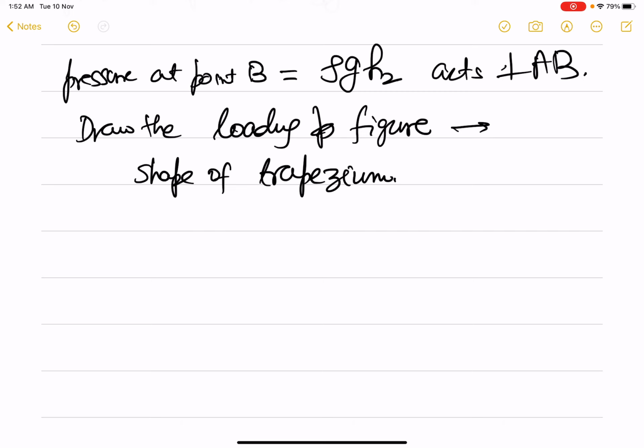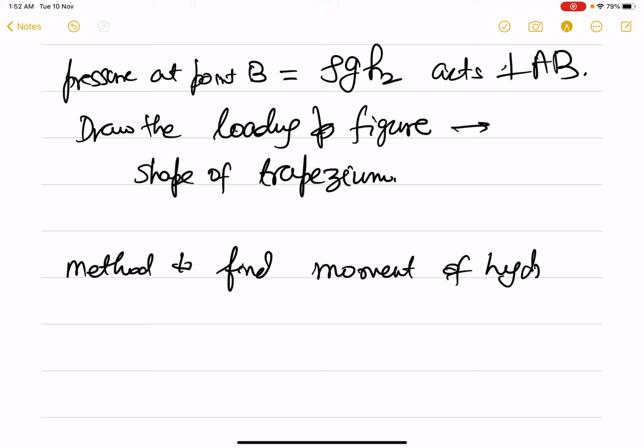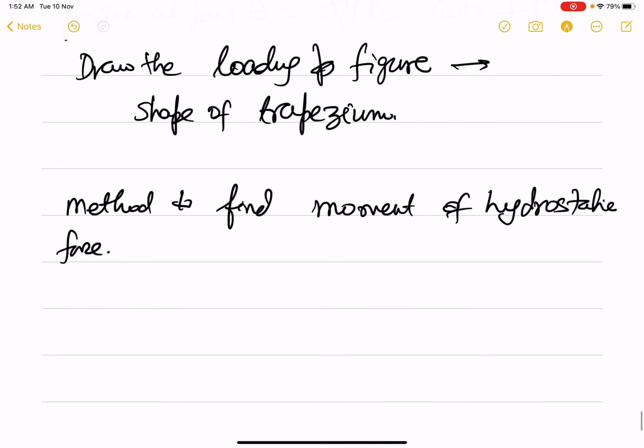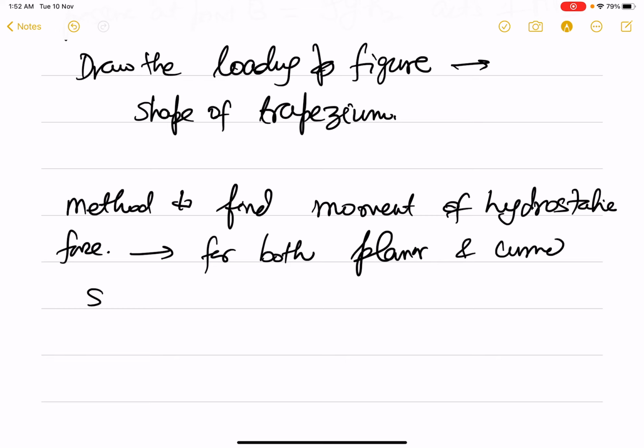There's another simpler method to find moments of hydrostatic force, and this will work for both planar and curved surfaces.